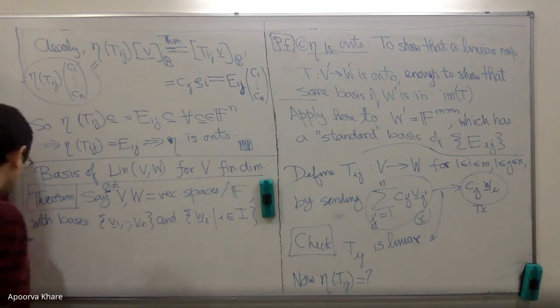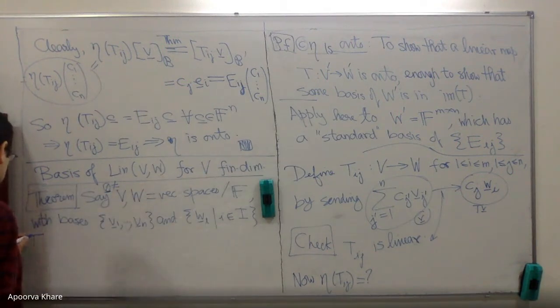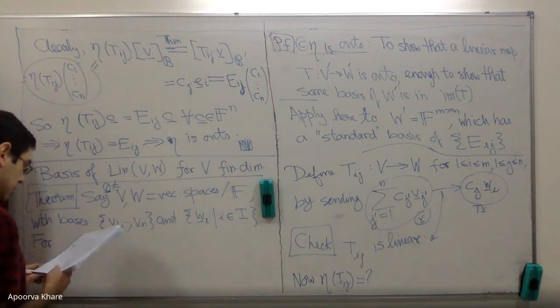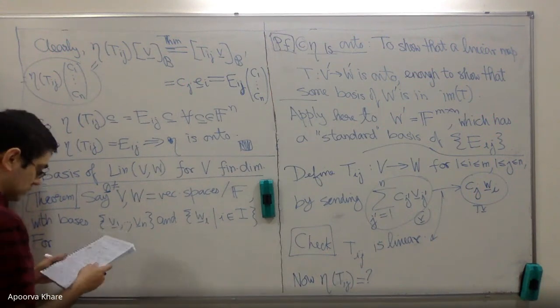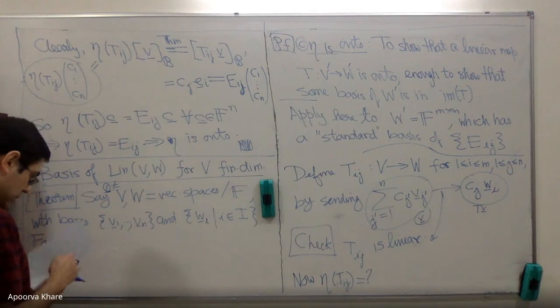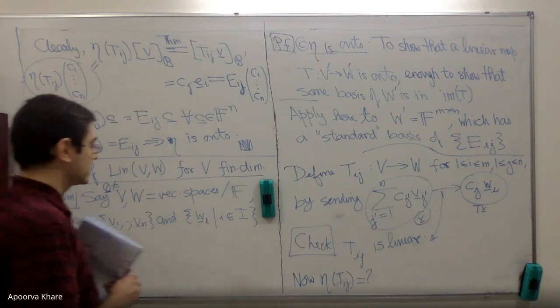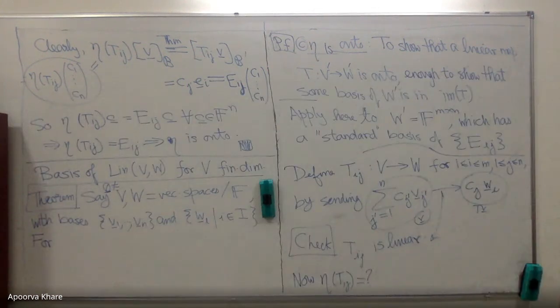Now, let me define these Tij again. Maybe I should do this slightly better. I just need to make a couple of small changes.